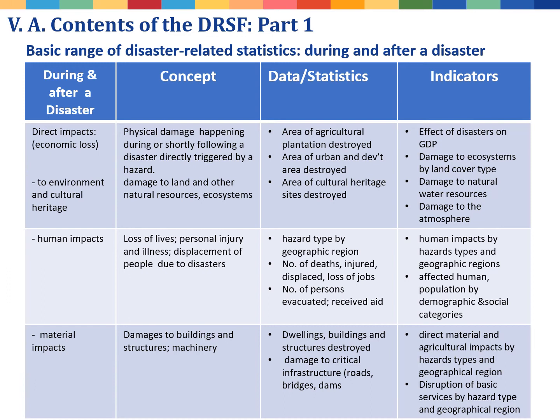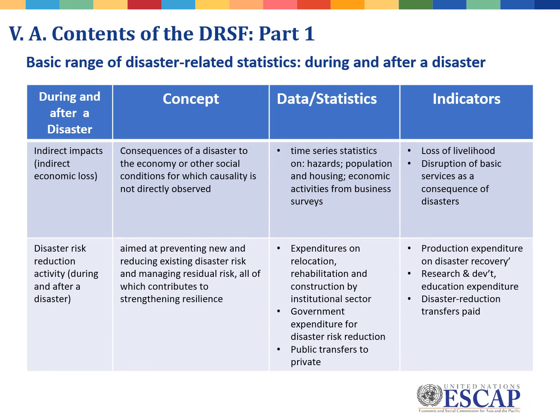I would not go over all the examples in the interest of time, but we have included in this presentation all the important elements in all phases of disaster risk management for your reference. There are about 4 tables here that provide the details of the basic range of disaster-related statistics in the conceptual framework.